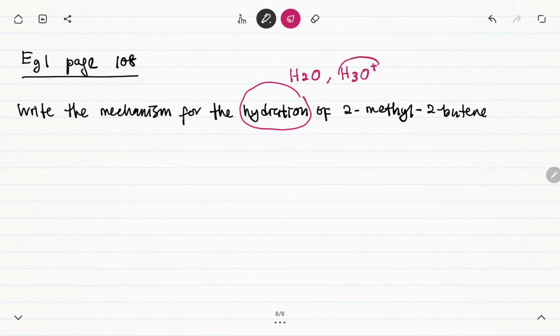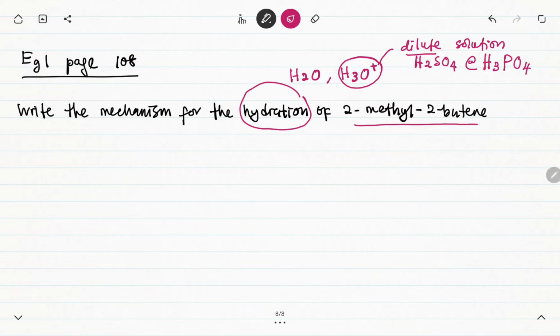For your information, this catalyst is either a dilute solution of H2SO4 or H3PO4. So this is a dilute solution. Your catalyst can be written as H3O plus in our equation reaction with 2-methyl butene.